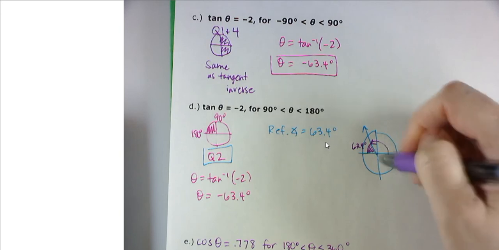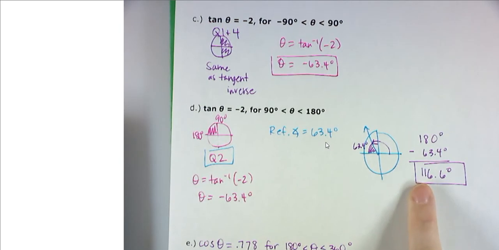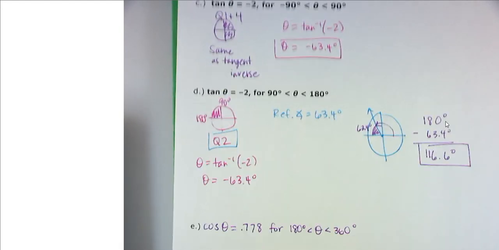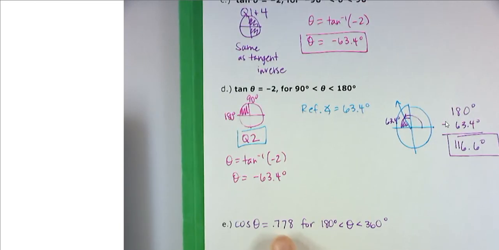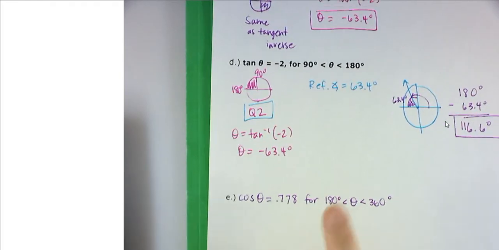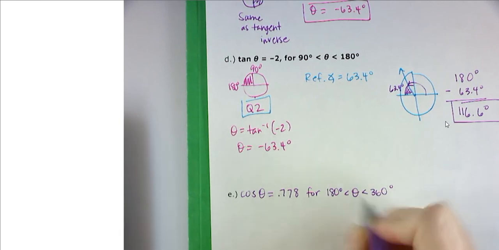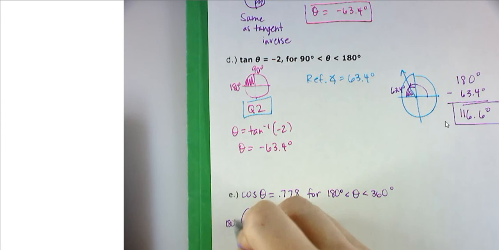Okay, now the last one is the cosine of theta equals 0.778 in between 180 and 360. Okay, so if it's between 180 and 360, we know that's going to be quadrants 3 and 4. So quadrant 3 and quadrant 4. And the cosine inverse is 1 and 2, so that's not the same, so we are going to have to use the reference angle.